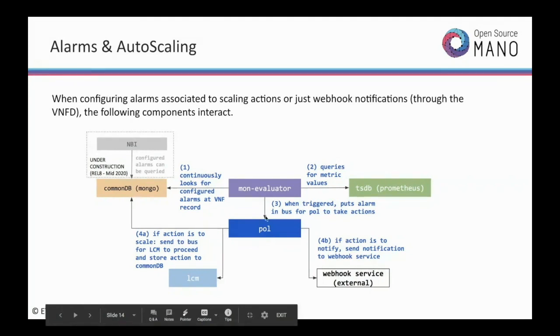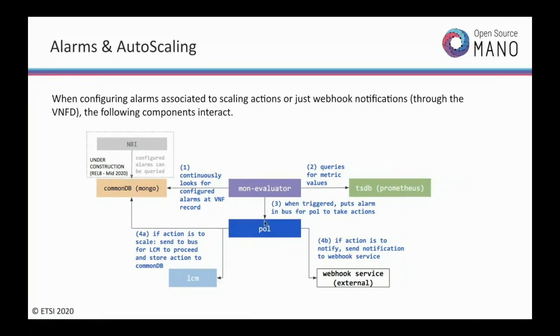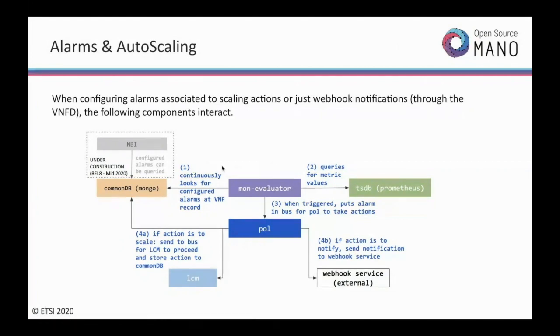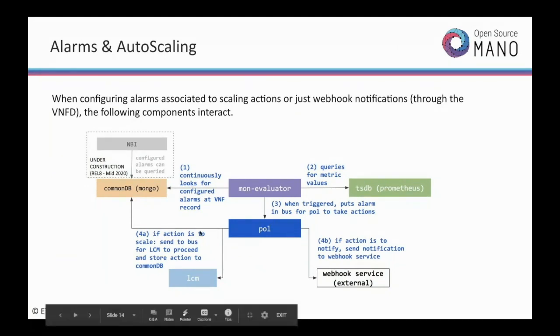But if the alarm was looking for scaling in or out, then it puts a message that LCM consumes to instantiate a new network function or the scaled virtual machines that are needed. So again, it depends on how you model the VNFD. MON evaluator compares the value of the metric that is in the alarm with the actual value, and if there is a threshold crossing, then it triggers scaling or it triggers a notification.